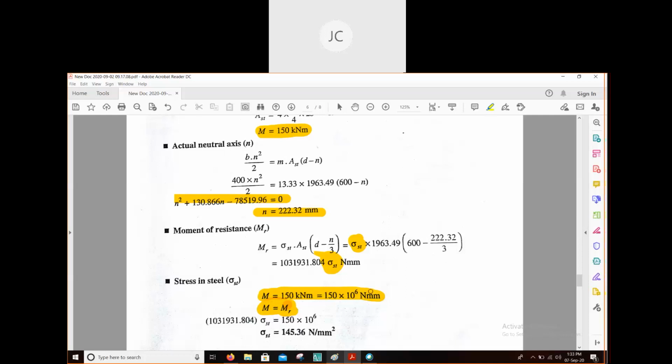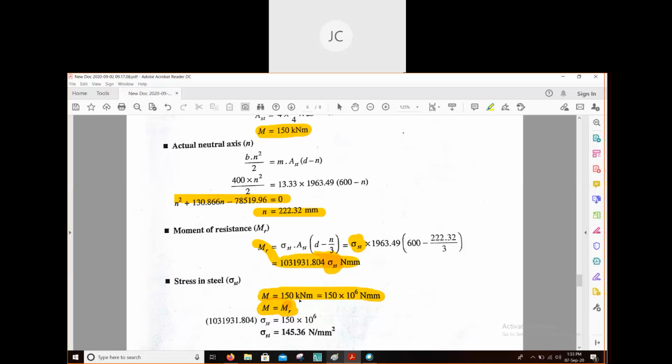Can you see the equation? This moment of resistance will be equal to the moment given in the question. So equate the two equations: this value equals 150.